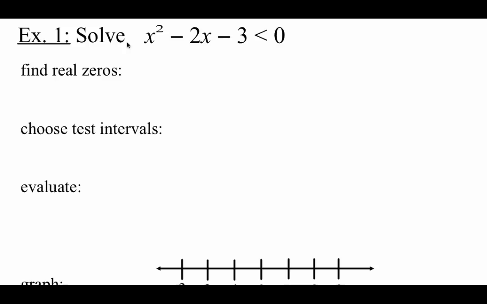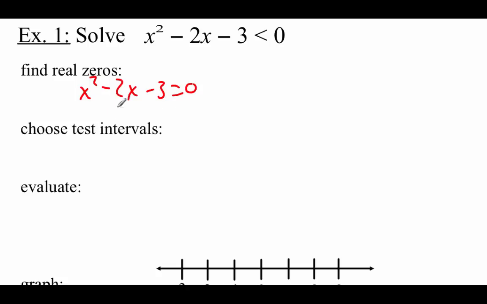So here's the first example we're going to take a look at. We're going to solve this inequality that says x squared minus 2x minus 3 is less than 0. Like I said, the first thing we're going to do is find all of the zeros of this function. So instead of having this less than 0, I'm just going to pretend that it says equals 0. So x squared minus 2x minus 3 equals 0, and we're going to solve this.